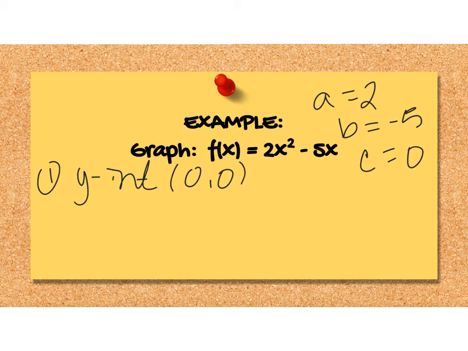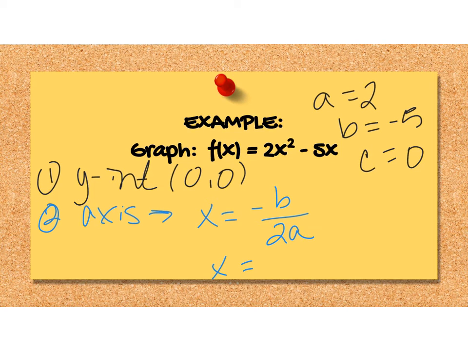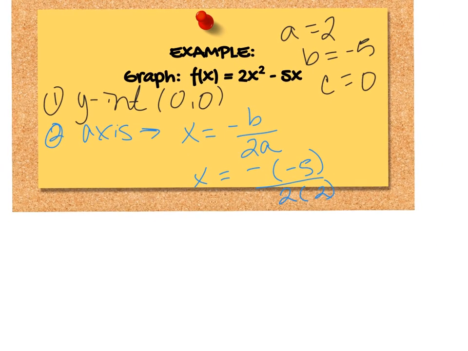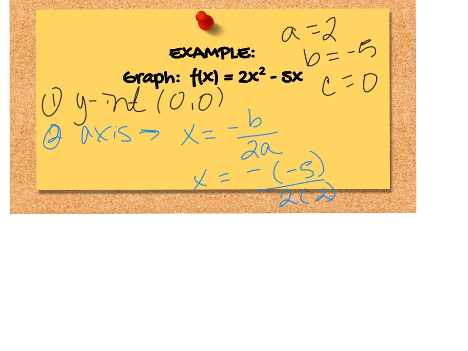Next step was to find the axis of symmetry. And that's x equals opposite b over 2a. So x equals the opposite of negative 5 over 2 times a, which is 2. Okay, so x equals opposite of negative 5 is positive 5, and 2 times 2 is 4.